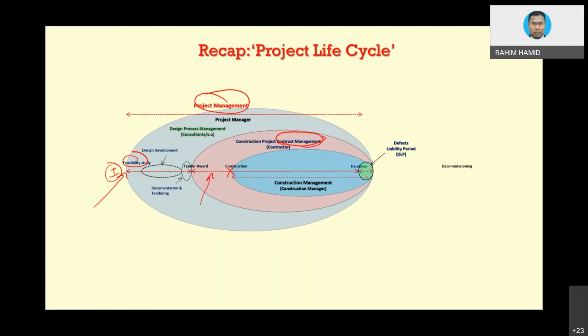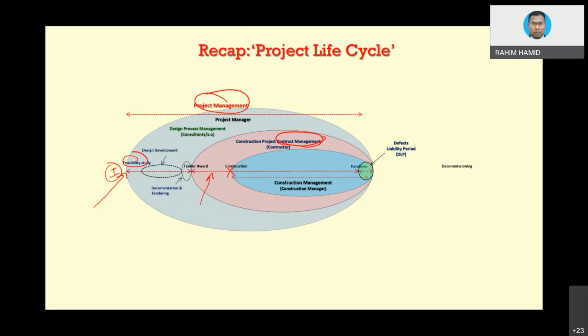Construction management, in particular, refers to the process happening at the site. When the contractor moves in, those are the things related to construction management.